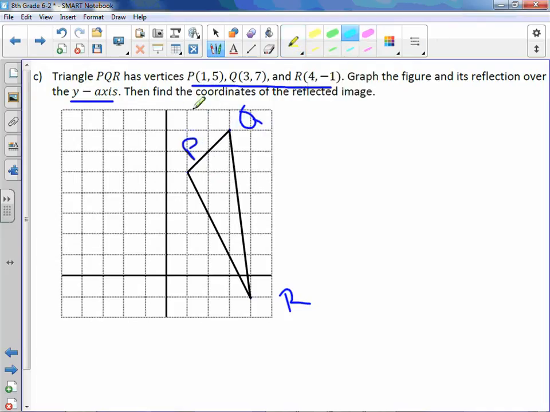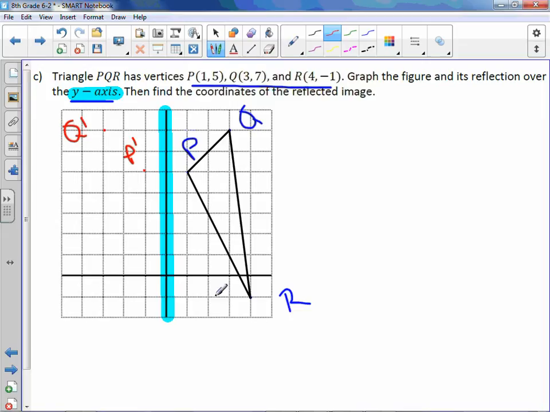Okay, we are reflecting over the y-axis. Okay, so P is 1 away. So this is P prime. Q is 3 away, Q prime.